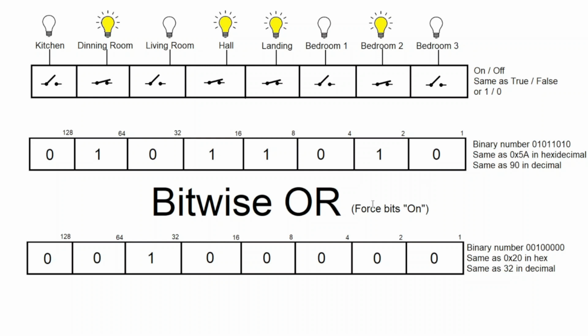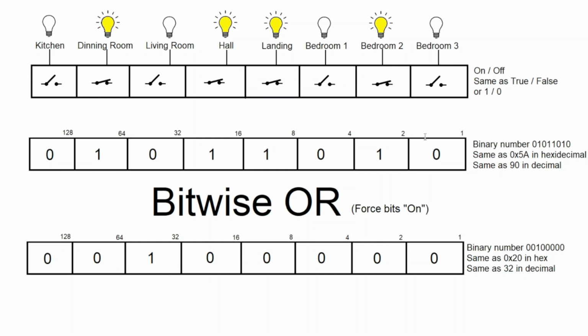So this is a bitwise operation, so when we OR these two values together, each bit is ORed together in turn. So with an OR, two input OR gate, you would need one of the inputs to be true for the output to be true as well. The only way you'll get a false output is if both inputs are false or zeros.